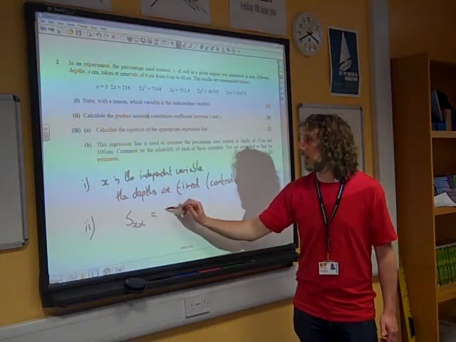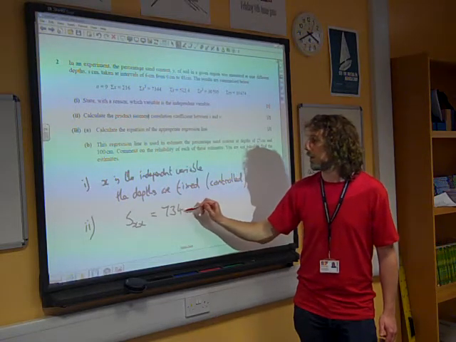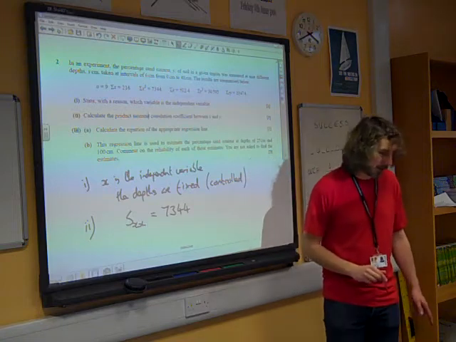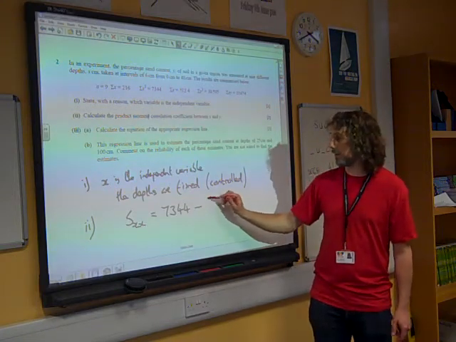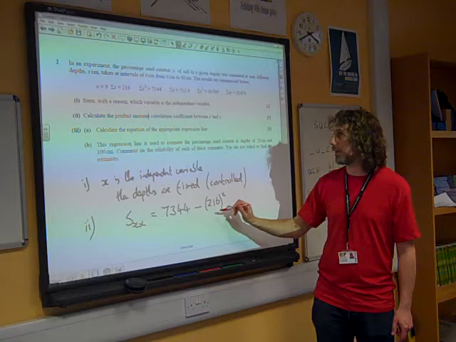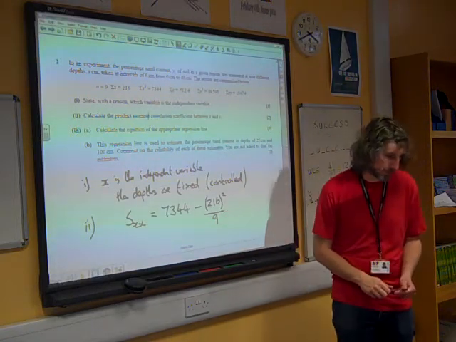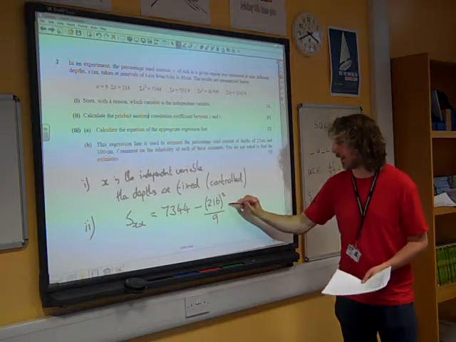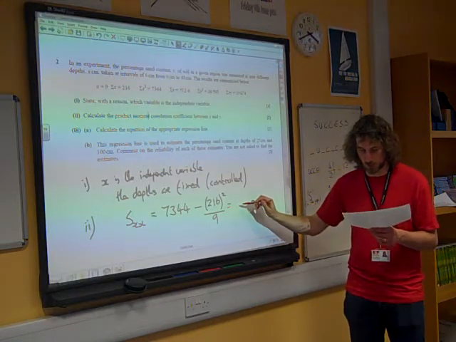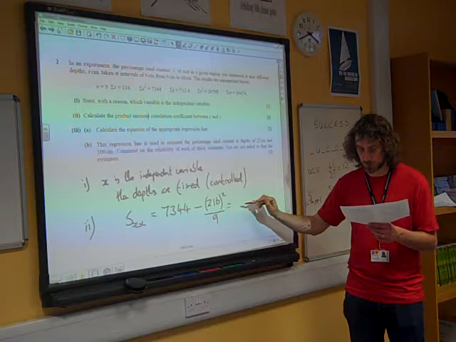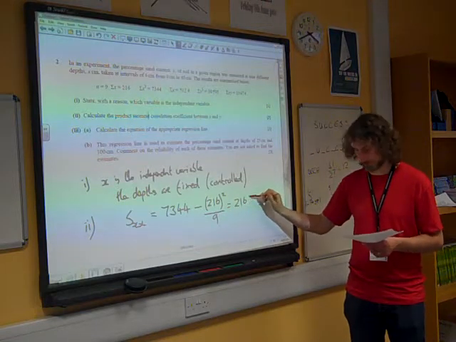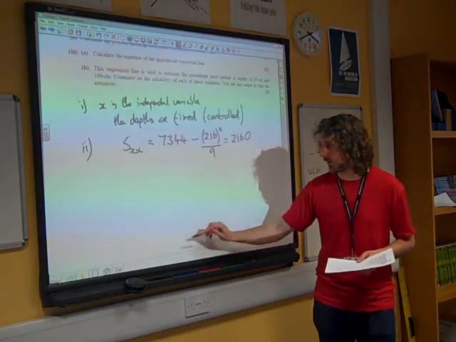It's sigma x squared minus sigma x, when you square it, over n. So we've got that number there. And actually it's quite a nice big number that we get. We get 2160, I think. I hope so.